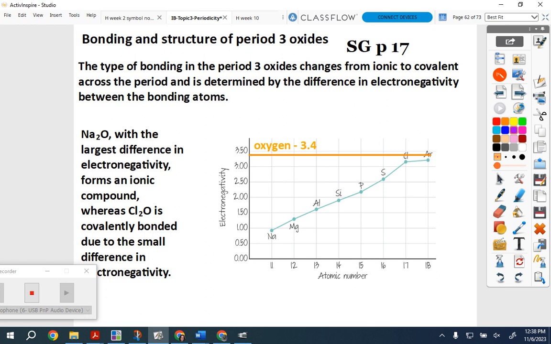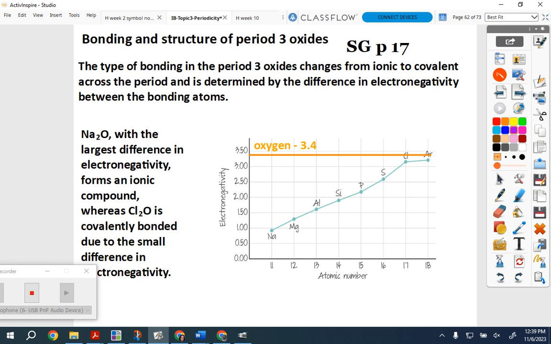So if we think about going across the period, this graph shows the electronegativity. We already know that electronegativity goes up because of the increased number of protons, the increased effective nuclear charge. If we think about those period 3 elements, sodium to chlorine, and we think about relative to oxygen, oxygen's electronegativity is about 3.4, depending on what table you're looking at, but your data booklet says 3.4.